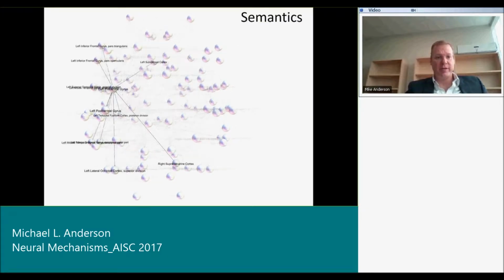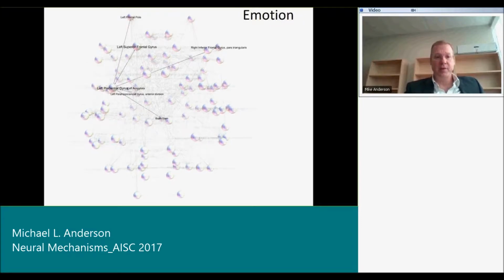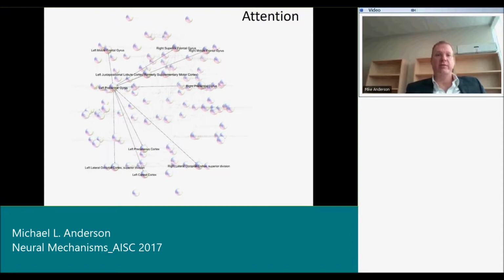So let me just go back through those again, just to get the idea, right? So the same region of the brain takes this set of partners when participants are dealing with tasks with linguistic meaning, this set of partners in various emotion tasks, this set of partners with stimulus-driven attention tasks.